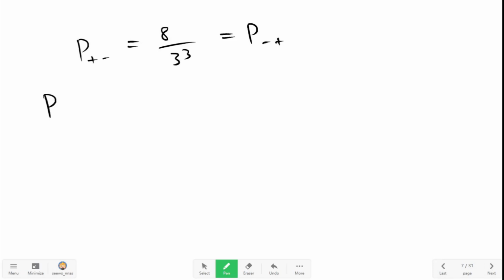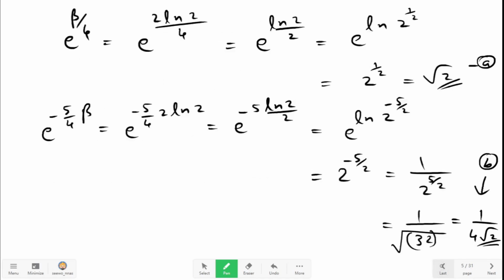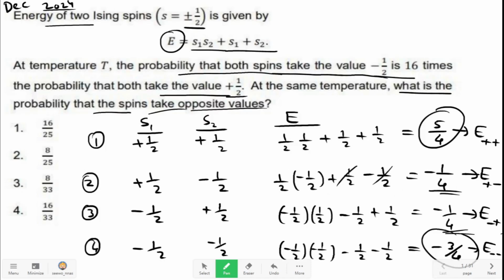Therefore the total probability is equal to P plus minus plus P minus plus, which is equal to 16 by 33. Therefore, the probability that the spin takes opposite values is equal to 16 by 33. Option 4 is the correct answer here.